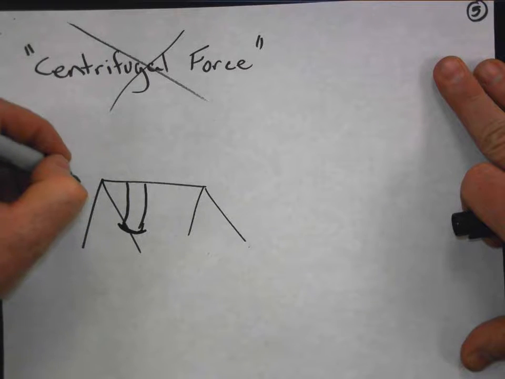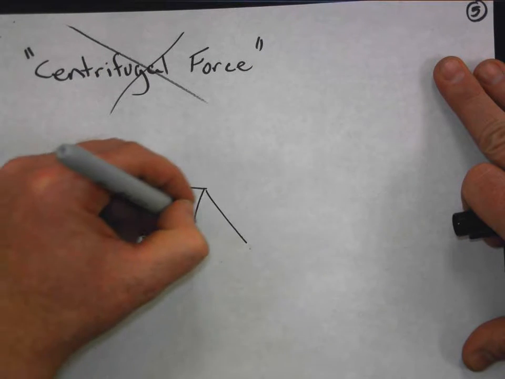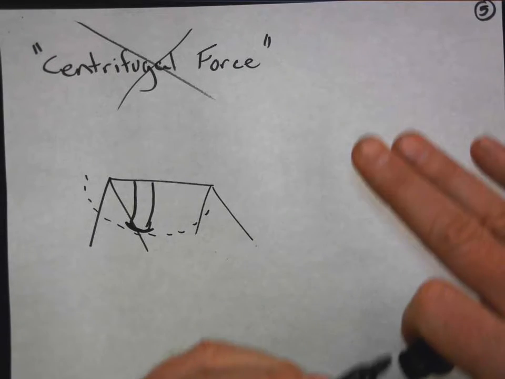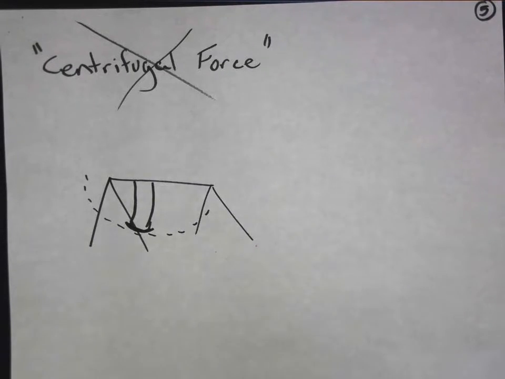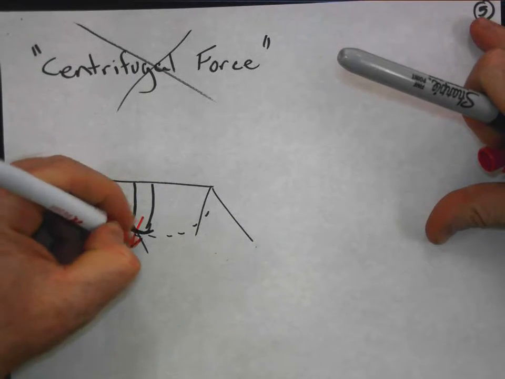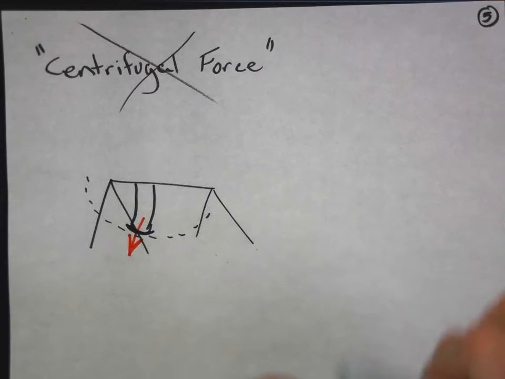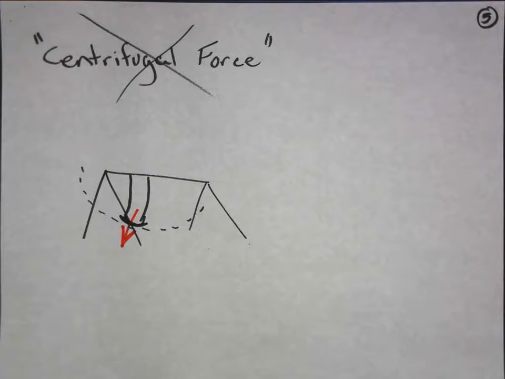And you're coming down near the bottom of that arc. What is it you feel? You feel pulled down even more than your own normal weight. It sure seems, based on our experiences, that there is this outward pulling force, right? In all these situations. The problem is it isn't there. It simply does not exist.